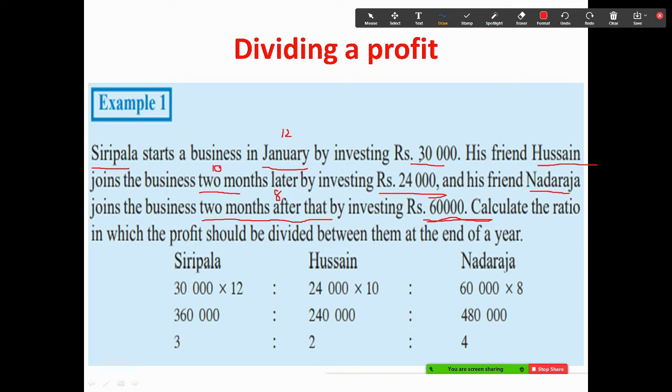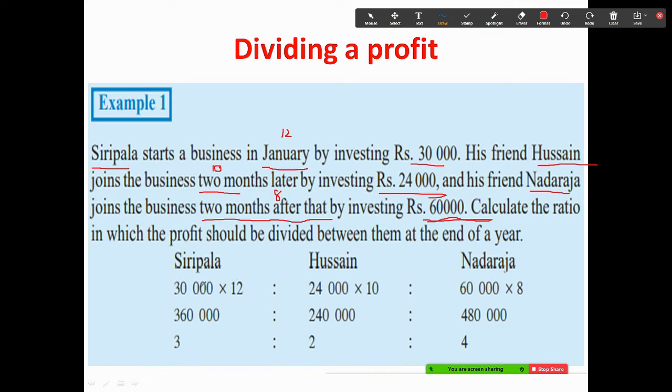Siripala: 30,000 and 12 months, 30,000 into 12. Hussein: 24,000 invested, number of months 12, so 24,000 into 12. Nadaraja: 60,000, 8 months, so 60,000 into 8. This way we get the product.